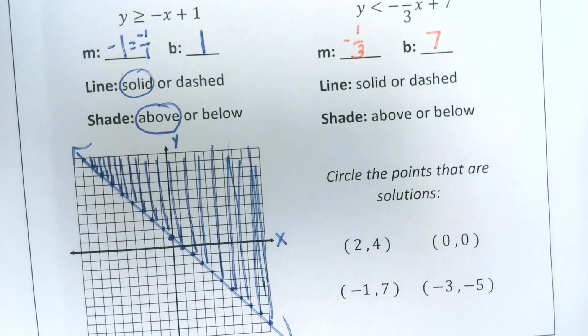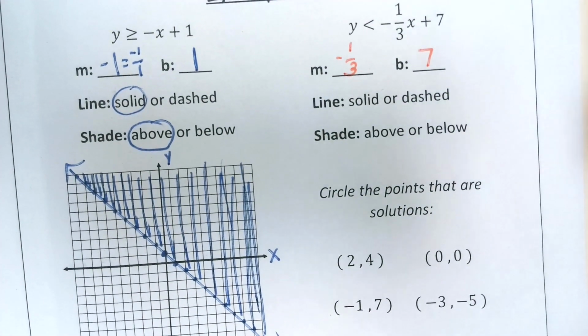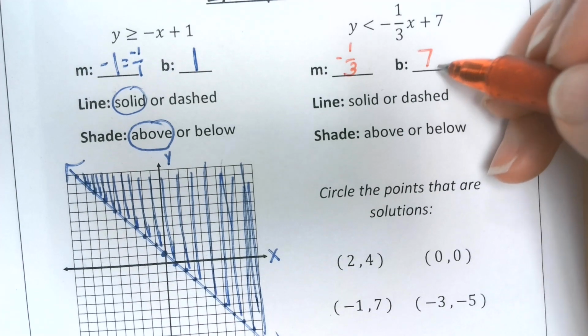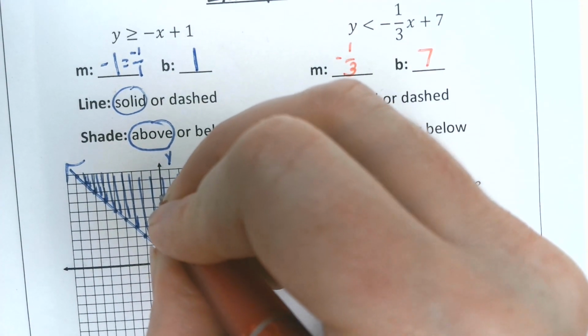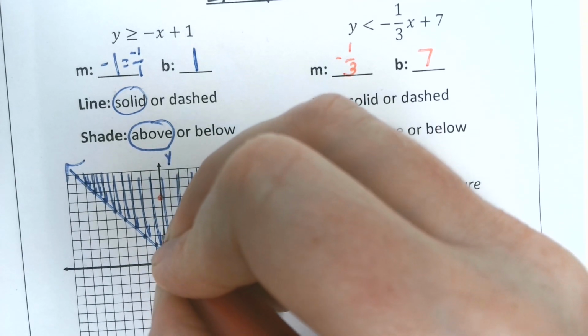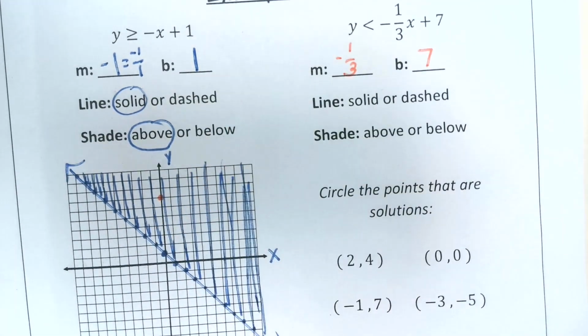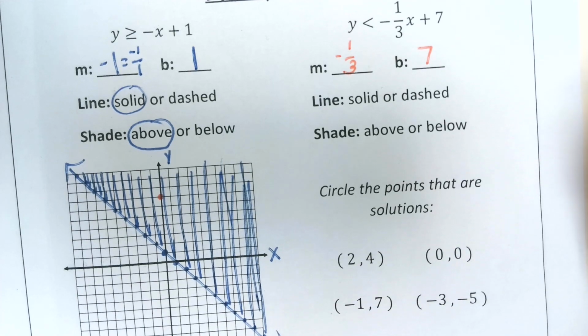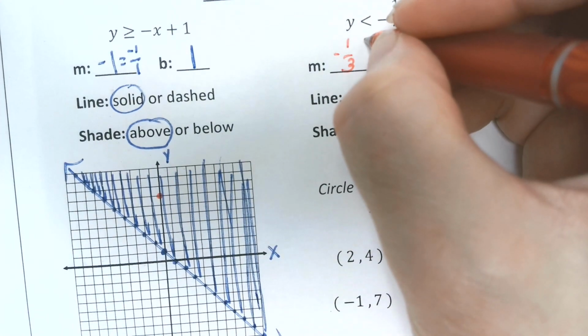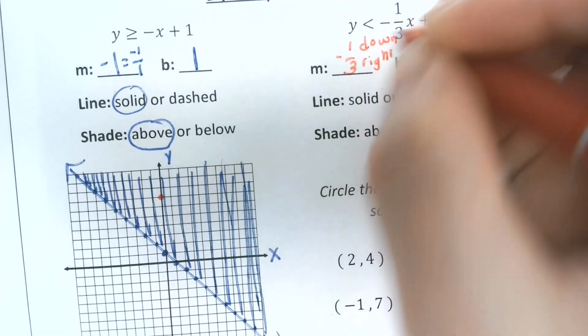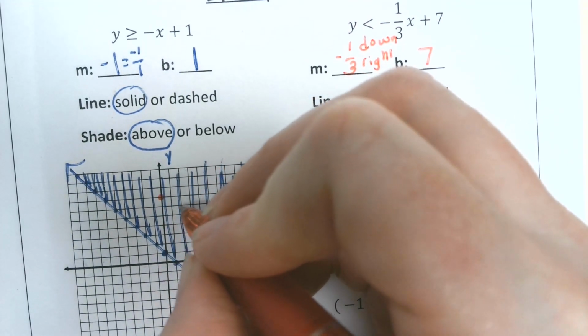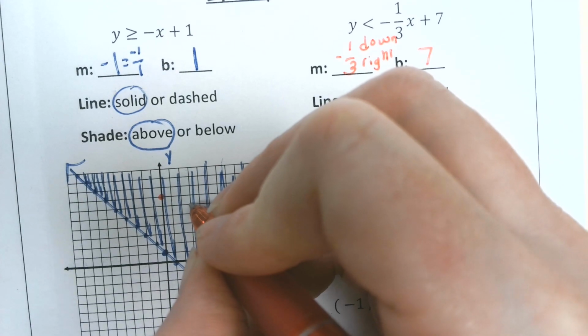Go to your second line. We're going to start with our y-intercept of 7. So up 1, 2, 3, 4, 5, 6, 7. And then do your slope of down 1, right 3. Down 1, right 1, 2, 3.